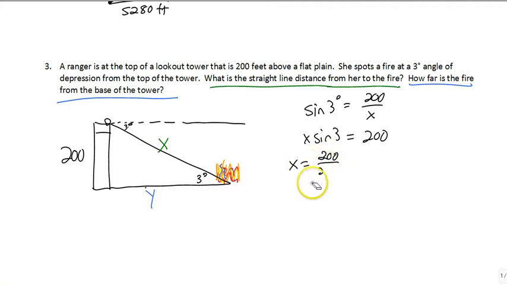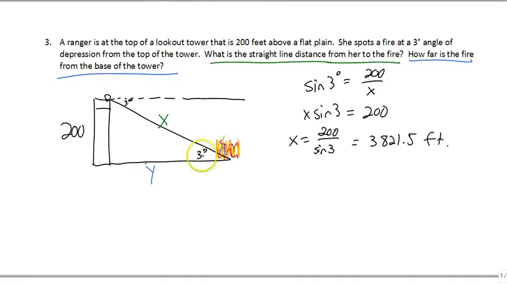Make sure you're in degree mode again. And you should get an x distance of 3,821.5 feet. Okay. Now, how far is the fire from the base of the tower? Let's do another one.